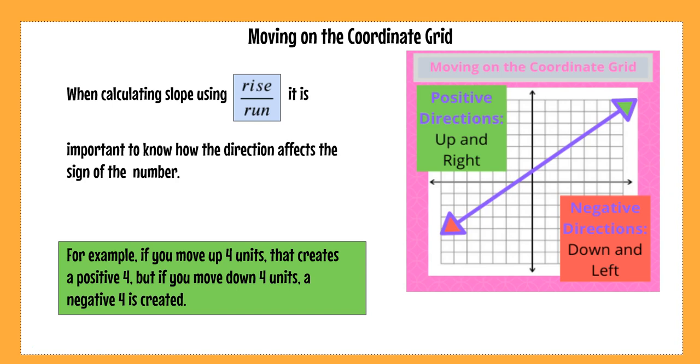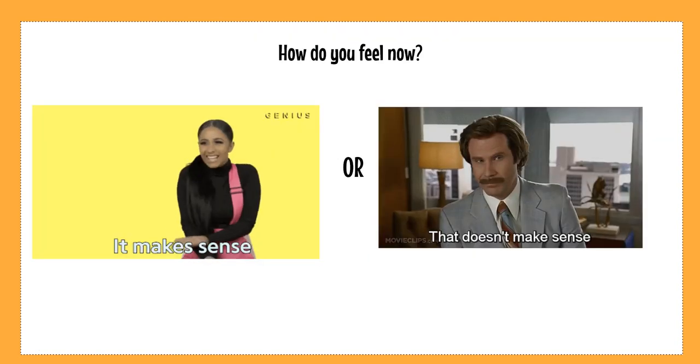So for example, if you move up 4 units, that creates a positive 4. But if you move down 4 units, that creates a negative 4. And the same thing with right and left. If you were to move right 4 units, it's positive 4. If you were to move left 4 units, it would be a negative 4. So don't forget about the directions on the coordinate grid, especially when we're using rise over run.